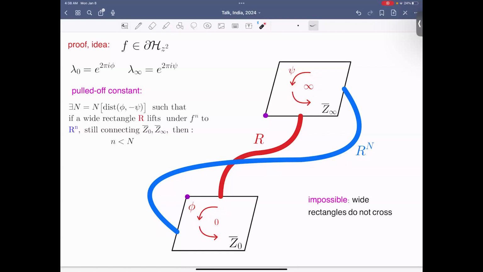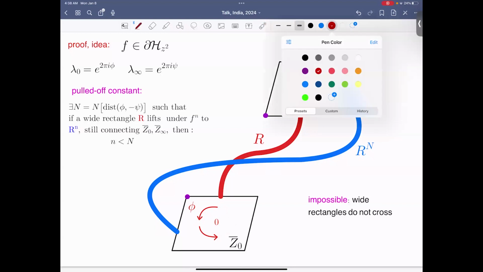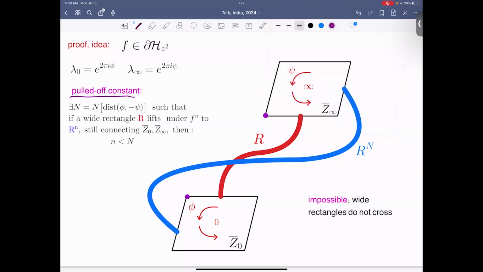Therefore, there will exist a pull-back constant that depends only on the distance, such that if we try to lift this rectangle under the map F, the first lift may still connect two Siegel disks.